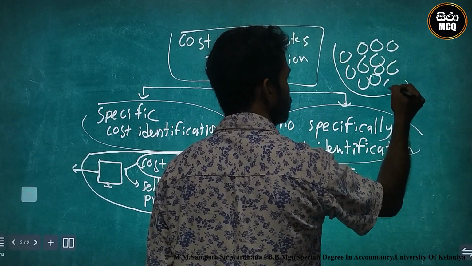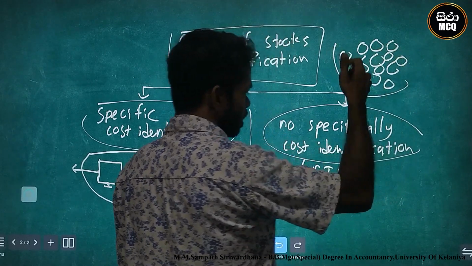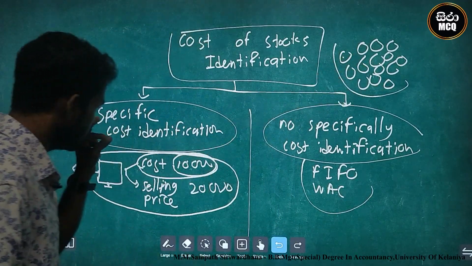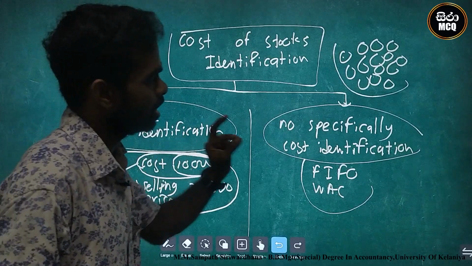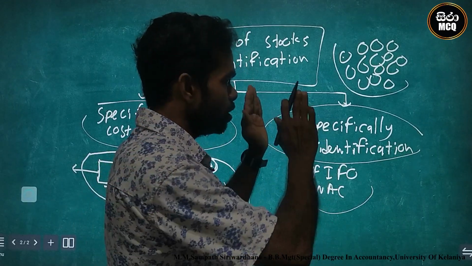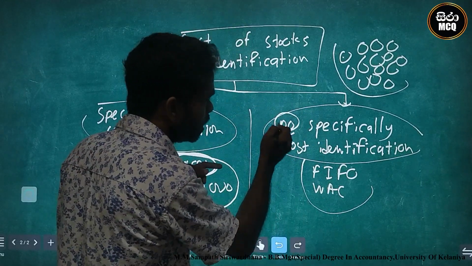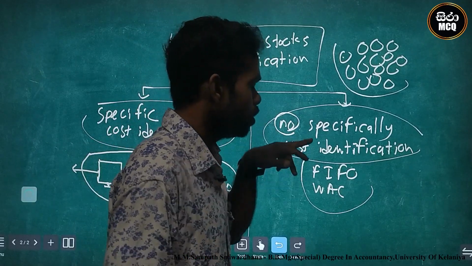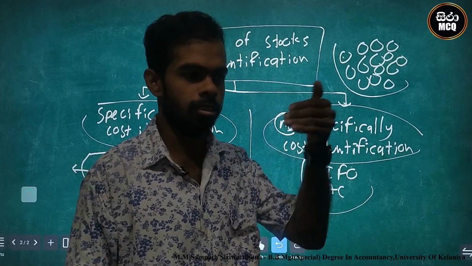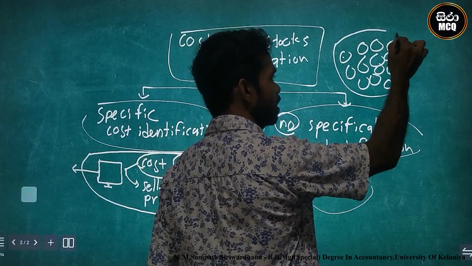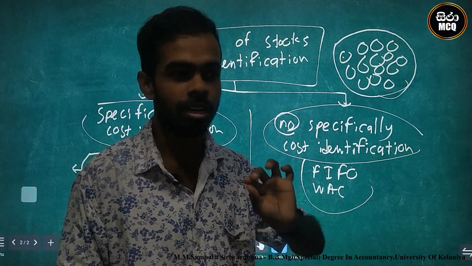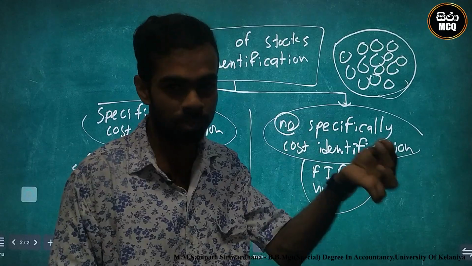The old and new apples are mixed, untouched, with no barcode system for specific identification. At that point they assume the FIFO method: the firstly purchased apple is firstly sold. But this is mixed; actually the first purchased apples are not necessarily sold first.